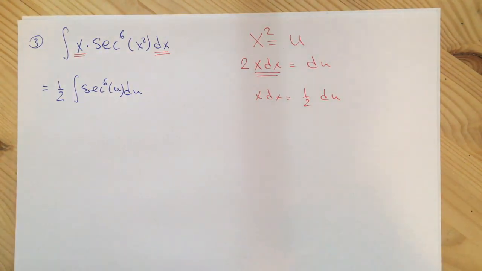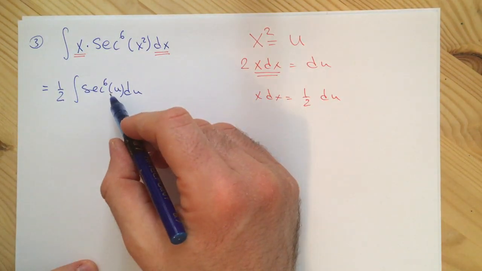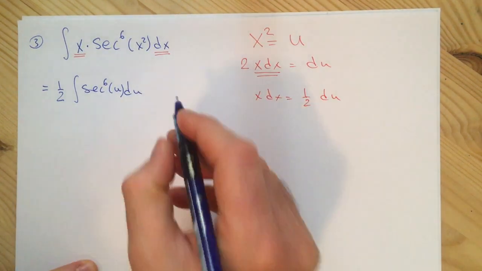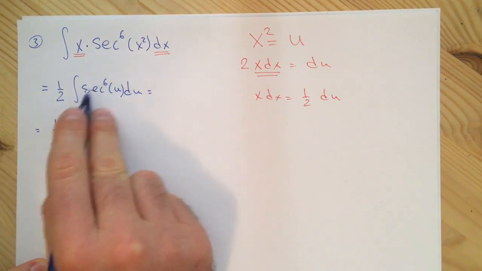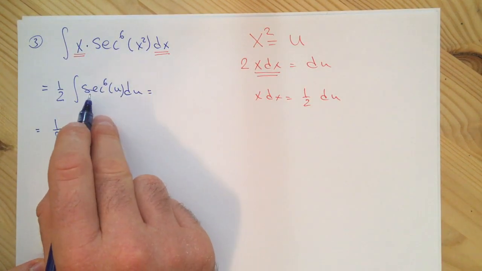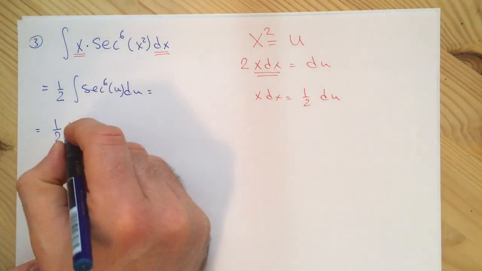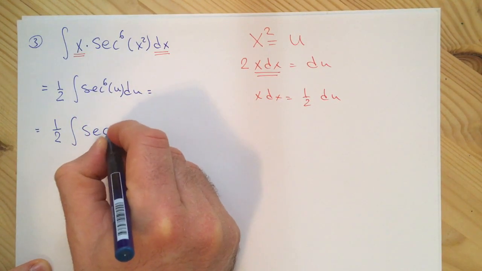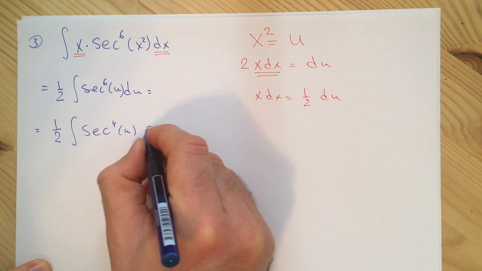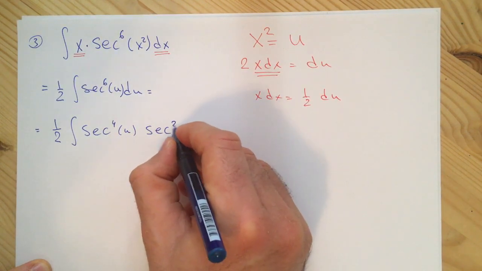Okay, so now we just have to evaluate this trigonometric integral, for which we have a strategy. Why? Because it's secant to an even power. And the strategy says if secant is raised to an even power, then save a factor of secant squared.